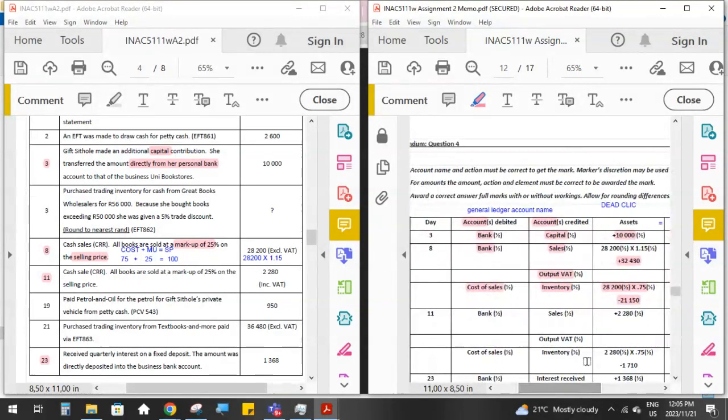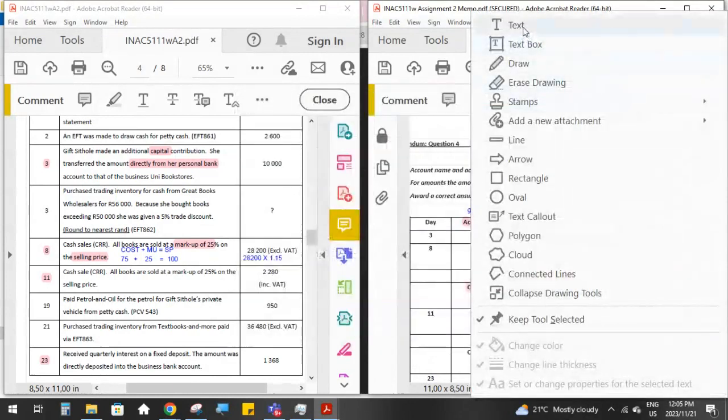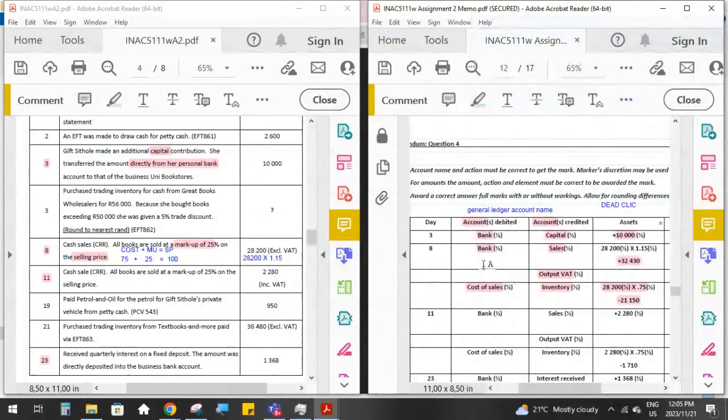Okay, so don't forget, when we've got a sale and we are using the perpetual inventory system, journal entry number 1 is record the sale at sales value, and journal entry number 2 is record the cost of sale at the cost price.